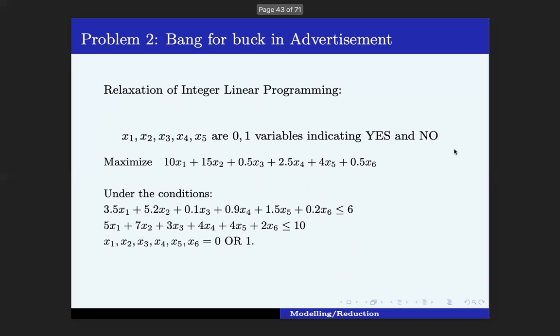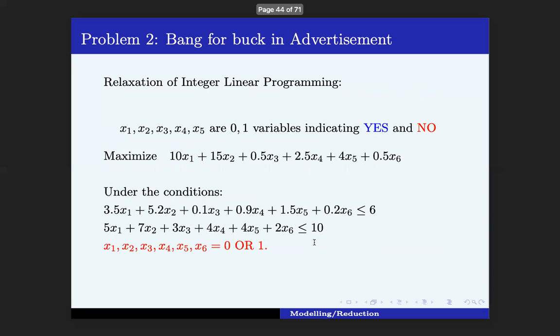Here you have this problem where the variables are supposed to take values 0 and 1. Instead of that, I will just say that these variables take values between 0 and 1. That's it. Now, what's the issue?